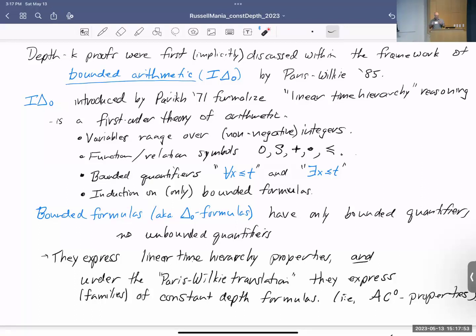I put constant depth in parentheses because they didn't mention that they were constant depth. Their construction just gave constant depth, and everyone who read their paper immediately realized this and filled in the words constant depth.